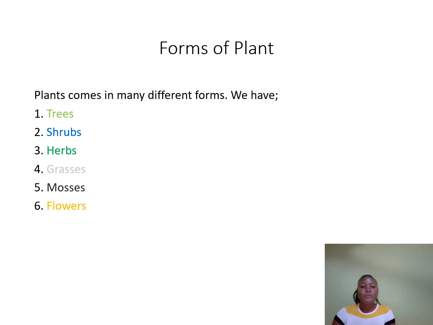We have trees, which is one. Two, we have shrubs. Three, we have herbs. Four, we have grasses. Five, we have mosses. And then six, we have flowers. Let's look at them one after the other.